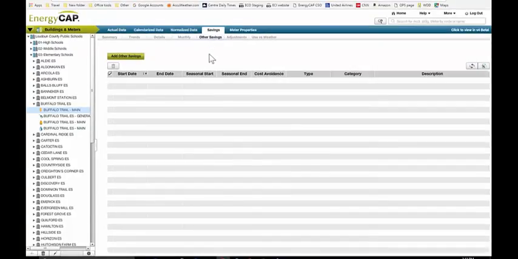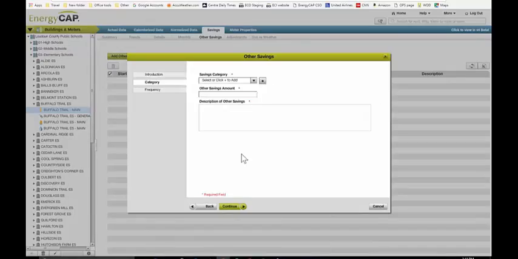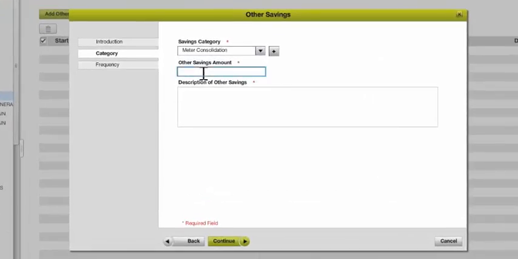Something else you might want to do is what we call other savings. Other savings is where in some way you accrued some savings, you want that to appear on cost avoidance reports, but it doesn't fit into the calculations anywhere. Let's say we had an other savings that was just a one-time. Let's say we did some meter consolidation. We had 2 meters, we consolidated them, we eliminated some monthly service charge. We haven't really changed kilowatt hours, but we've saved the monthly meter rental and so on, which amounts to $50 a month.